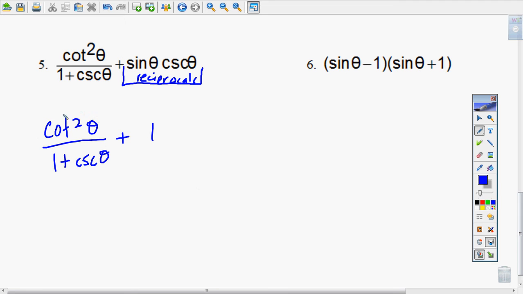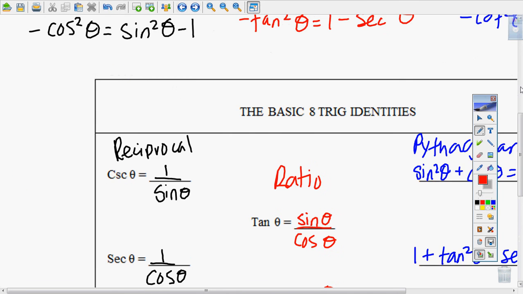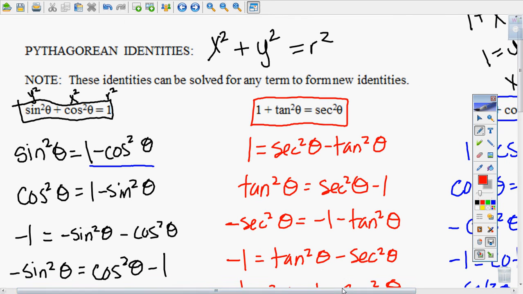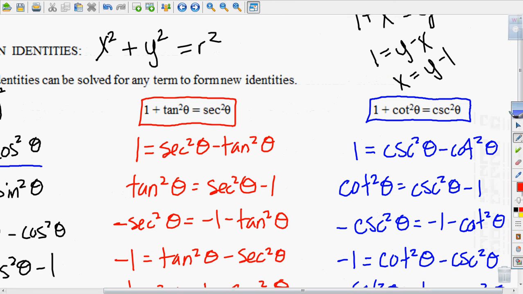Cotangent squared theta tells me that I should look at what? Which rules involve squares? The Pythagorean, right? If I go look at my Pythagoreans, when I have cotangent squared theta by itself, it equals cosecant squared theta minus 1.